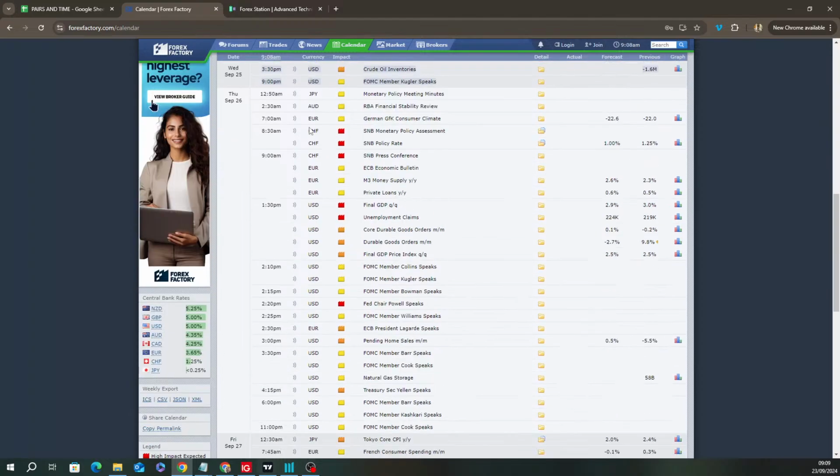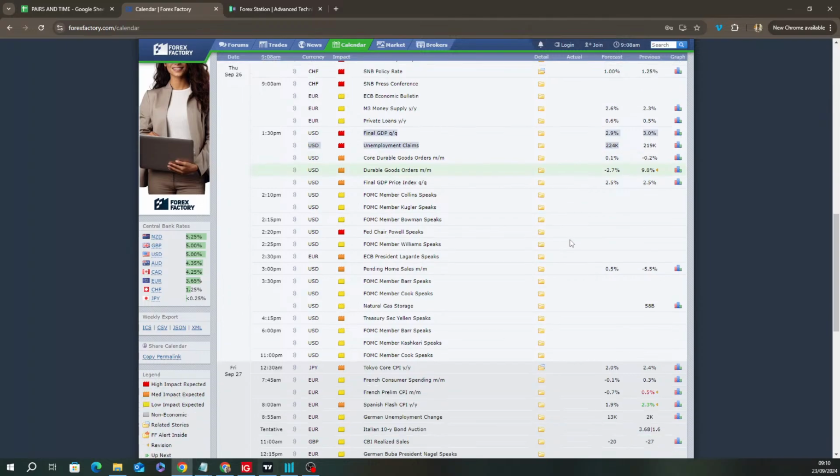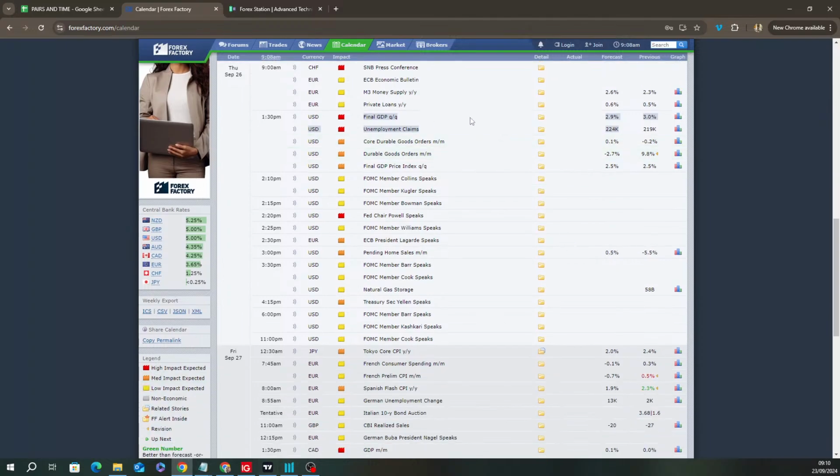Thursday, Swiss. I don't like Swiss personally. So expectation is for them to reduce the interest rate by 0.25%. The GDP US dollar on the Thursday and the unemployment claims. This will probably move the market a little bit, okay? Because all these news, the quantitative analysts are betting on them even starting from today.